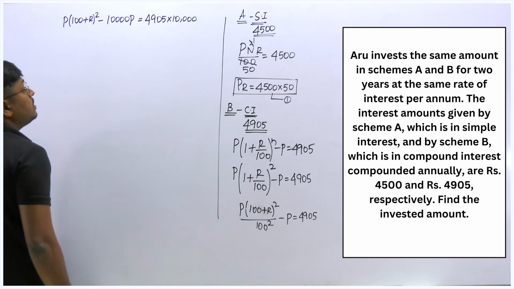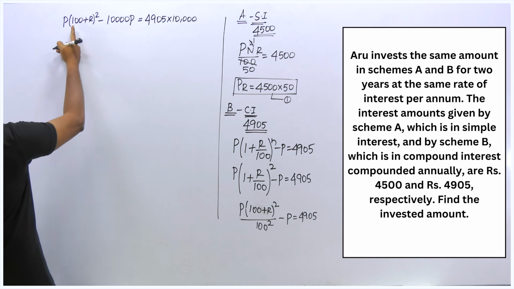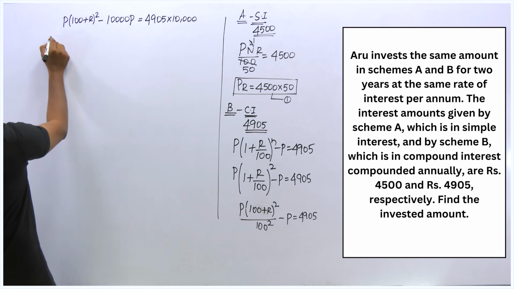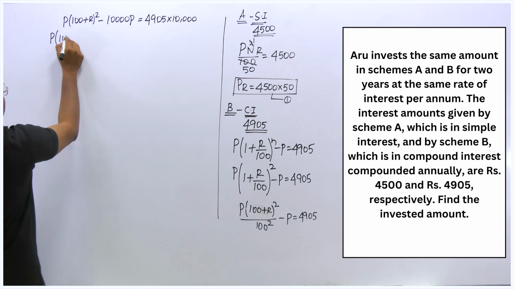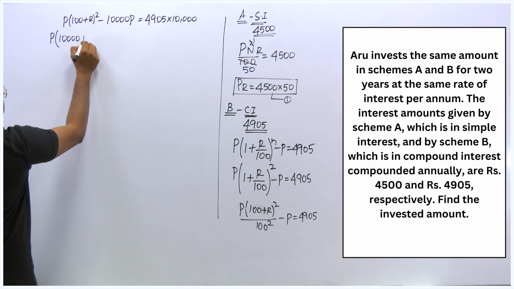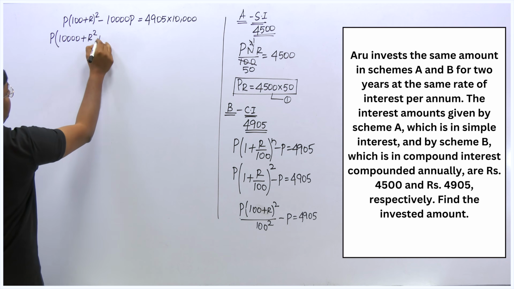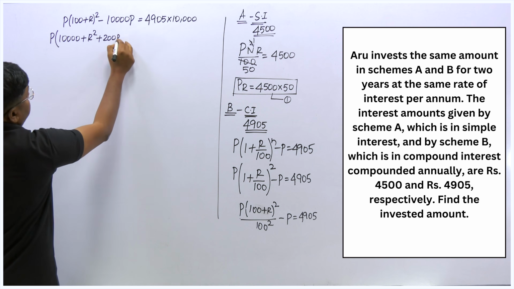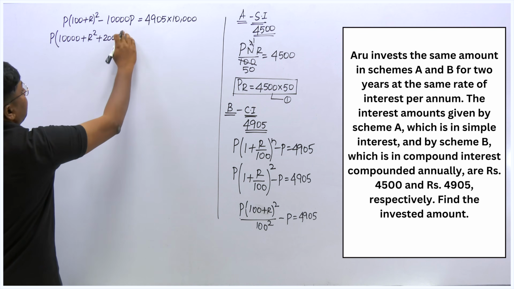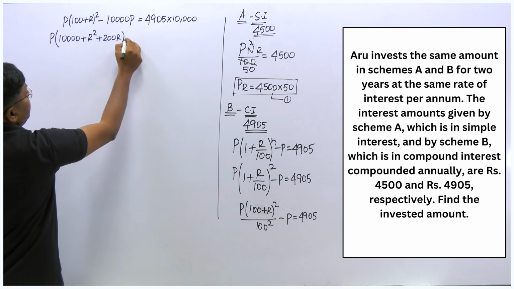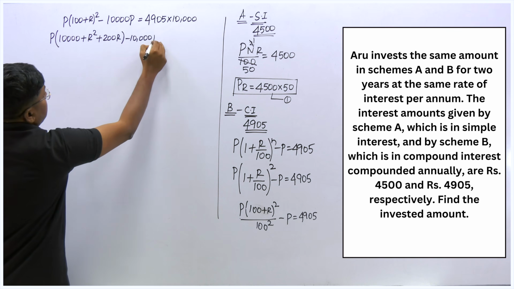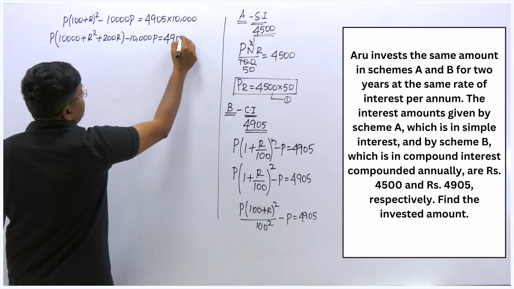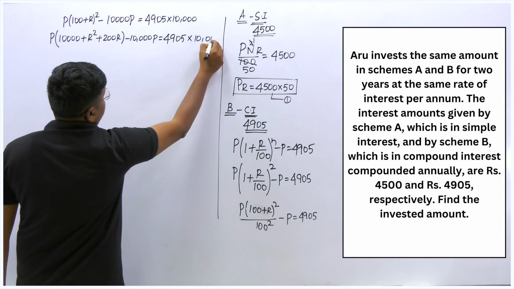So now what we can do is we can simplify this equation because it's in the form of A plus B the whole square. So A square, which will be 10,000, plus B square, that is R square, plus 2AB, that is 200 into R. So here we have the remaining value, which is minus 10,000 P is equal to 4905 into 10,000.